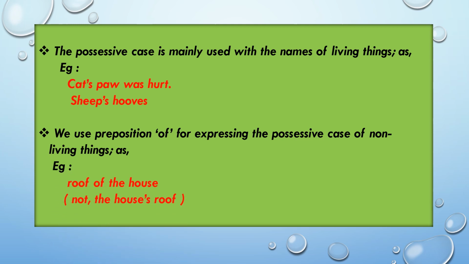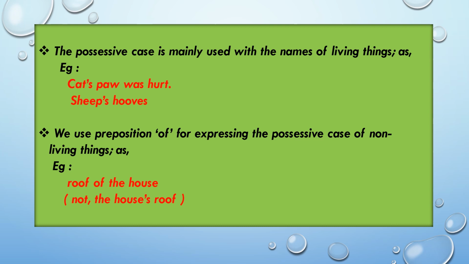See, if it is roof of the house, right? We will write the roof of the house if we have to show the possession. See, means the roof is of what? It is of the house. Means the roof belongs to the house. So, to show the possession of non-living things, we will not use apostrophe s.